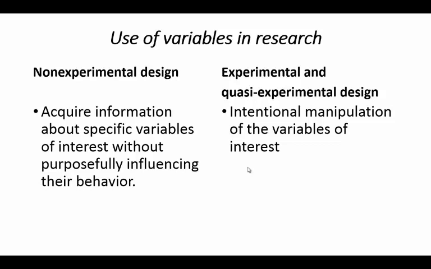Balance is going to change. Something is going to change. So I am intentionally imposing something to change variables. So this is the difference between non-experimental designs and experimental designs.